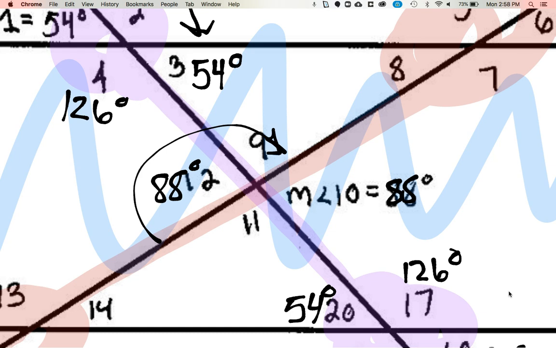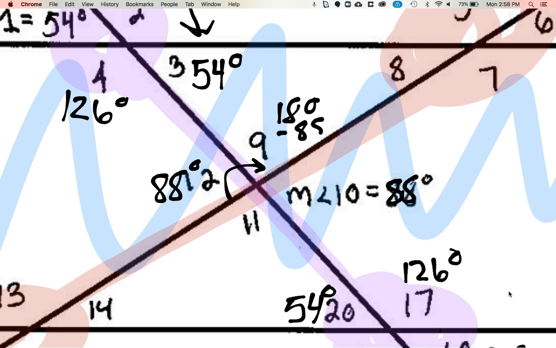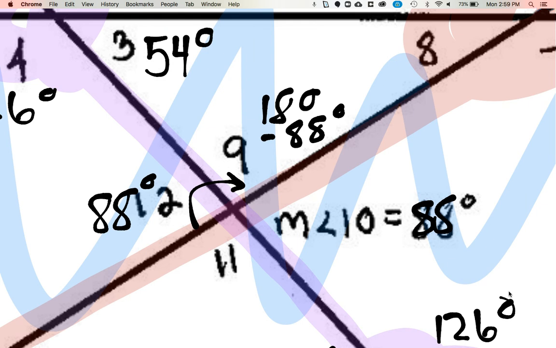That means this is supplementary. So this is 180 minus 88, which is 92 degrees. So this is 92 degrees.